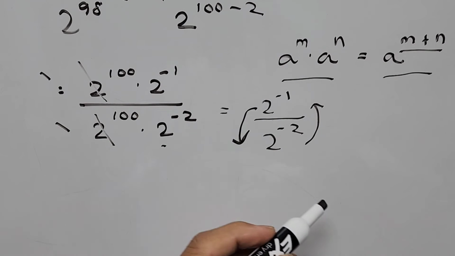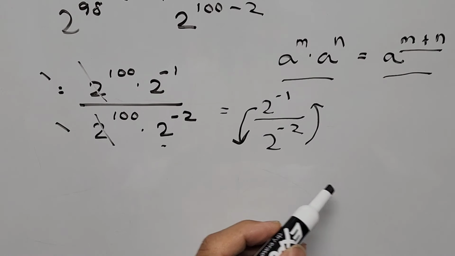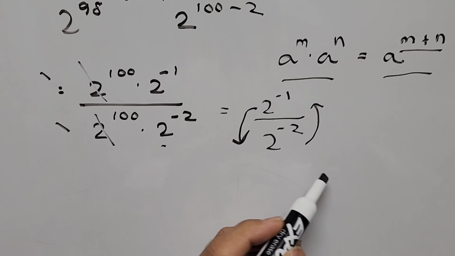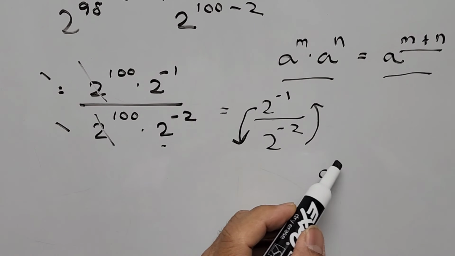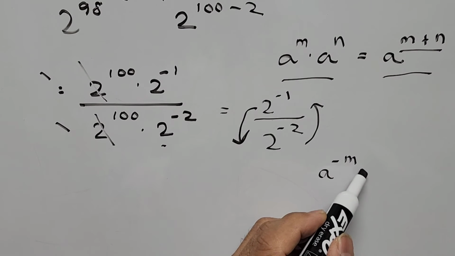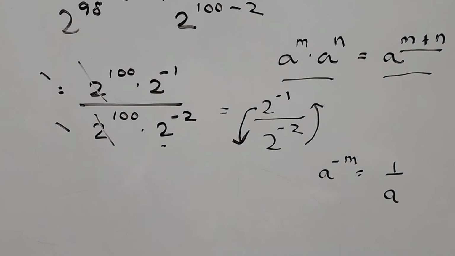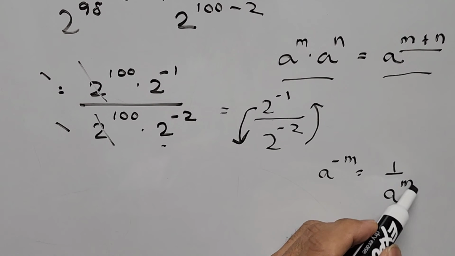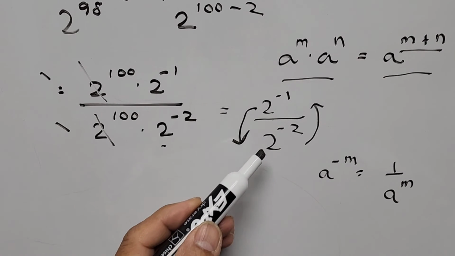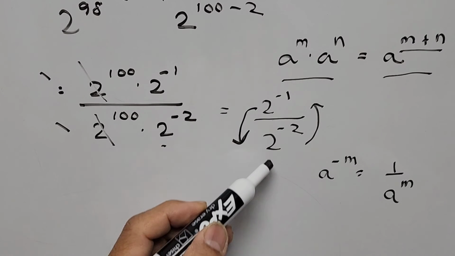So from here, we're using the negative exponent rule, where we have the formula a to the power of negative m will be equal to 1 over a to the positive exponent of m. That will be done on this part right here.